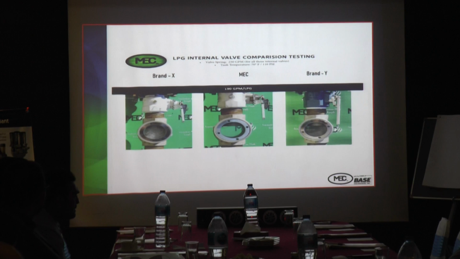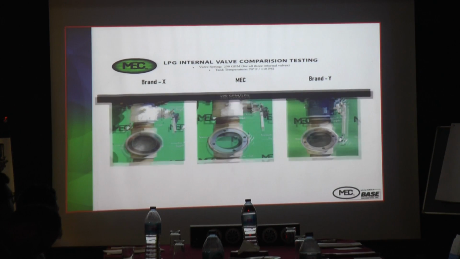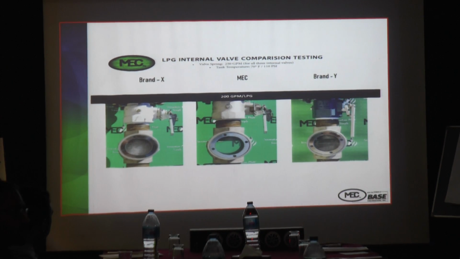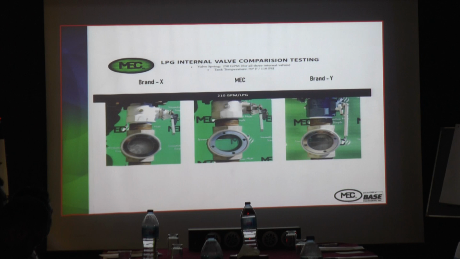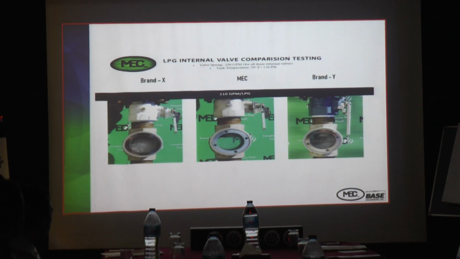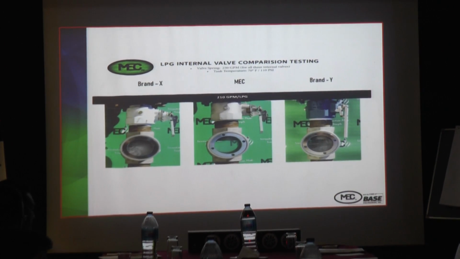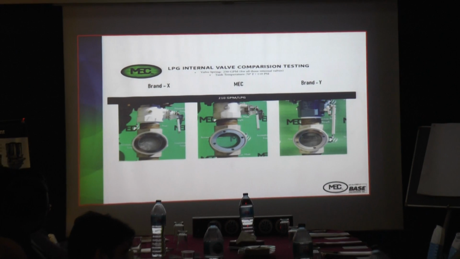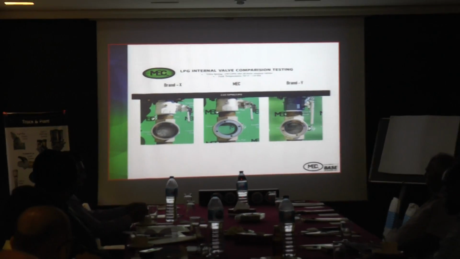You see those two are getting a lot of bubbles. 190. Okay. 200. Okay. Marshal is still very clear. You see the two other internal valves are getting a lot of turbulence inside. So this is full inside. And you notice that Marshal has a little bit, still not so bad, you can see some slight bubbles, but not as bad as the other two.